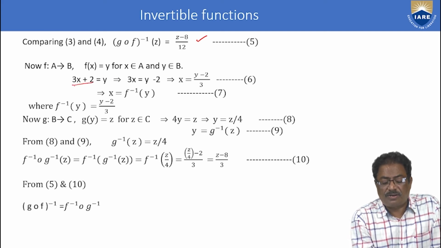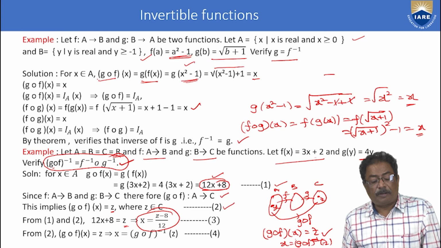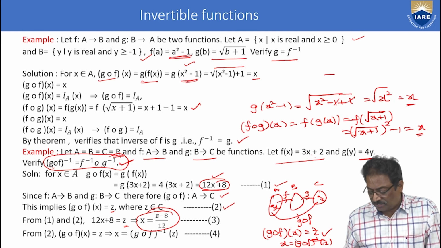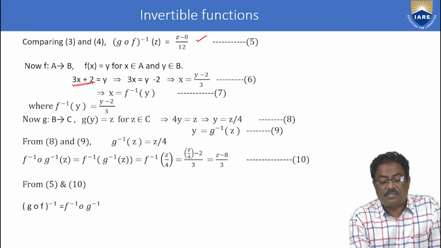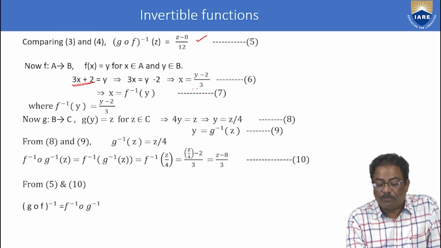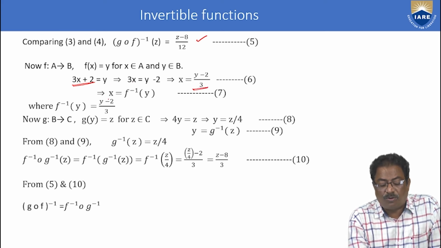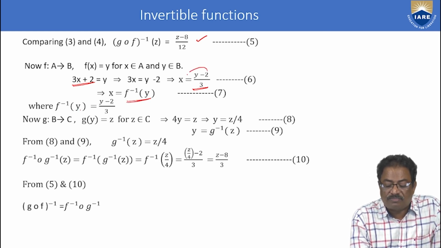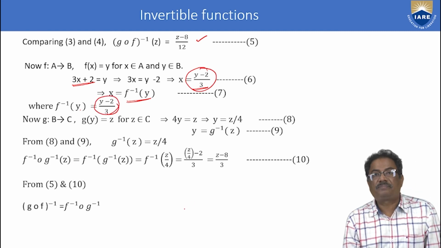It is already given in the problem itself: f of x is equal to 3x plus 2. So I am just taking 3x plus 2 is equal to y. From this, what is the x value? x is nothing but f inverse of y. So f inverse of y is equal to this.